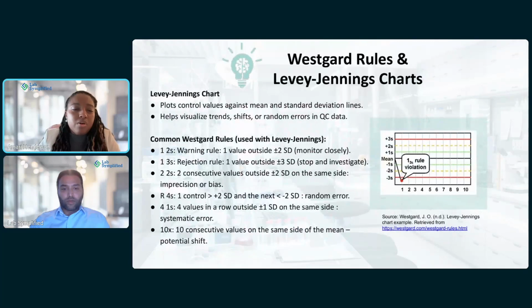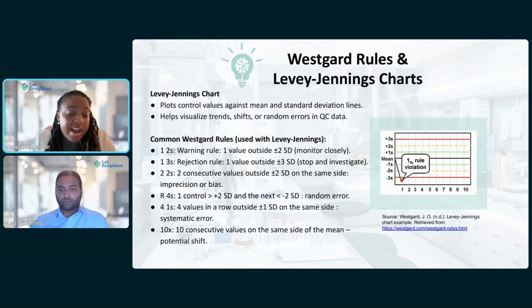I won't go into too much detail on the Levey-Jennings chart again, because I've touched on them a lot already. But this is how you notice your shifts or random errors or trends. If I have one result that's 2 SD outside of my range, then I know that I probably should monitor that.